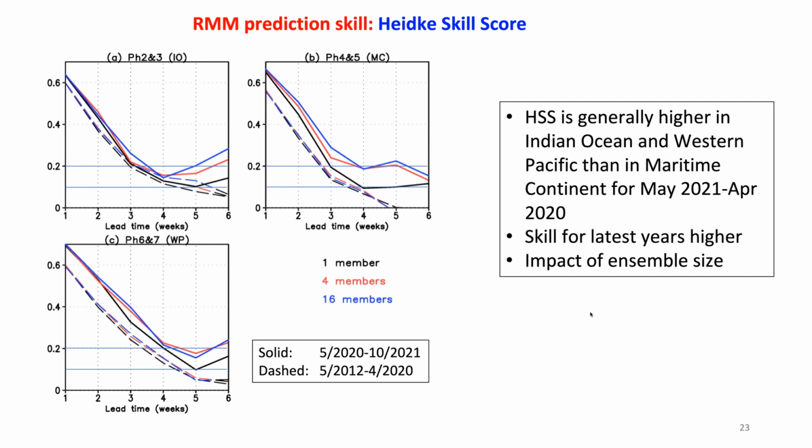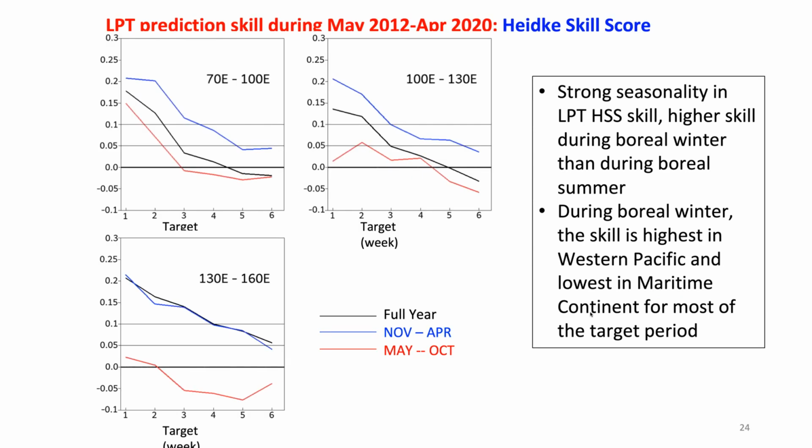This is also the evaluation for the Heidke skill score, but now we look at the weekly skill rather than daily, and we compare the skill for two periods. One is before May 2020, and the other is after May 2020.